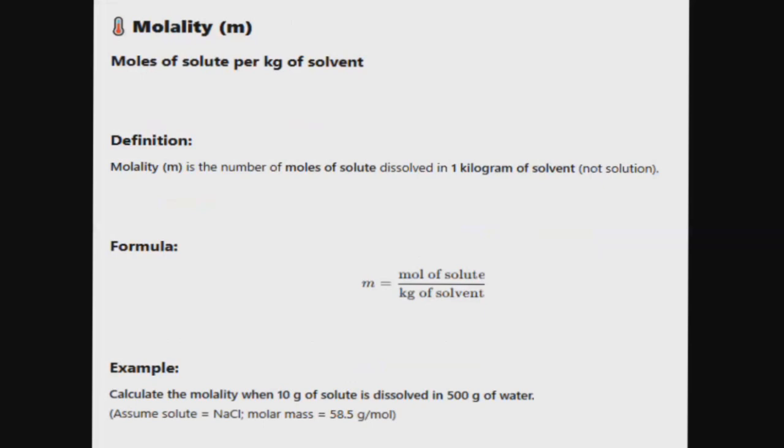Right on, sir. Now the brother to molarity is molality. Molality is moles of solute per kilogram of solvent. This is the number of moles of solute dissolved in 1 kilogram of solvent.